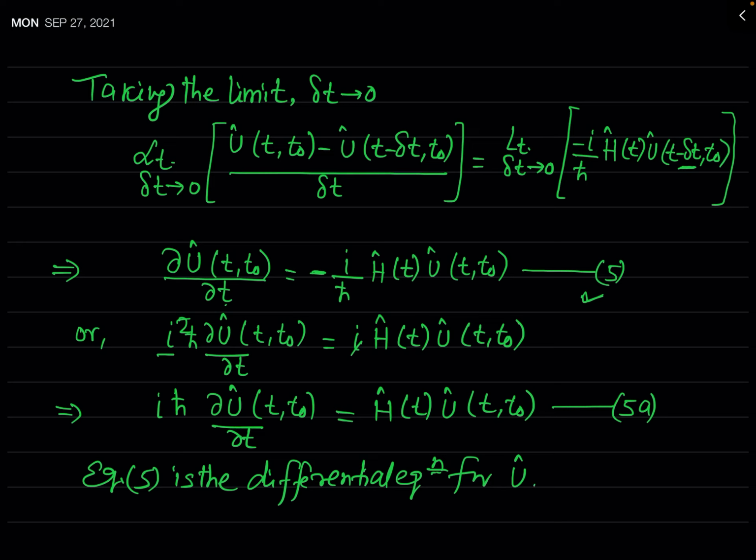And now our aim is to find the integral equation for the same u hat, and for that we will simply integrate this equation 5 with respect to t between the limits t naught and t.